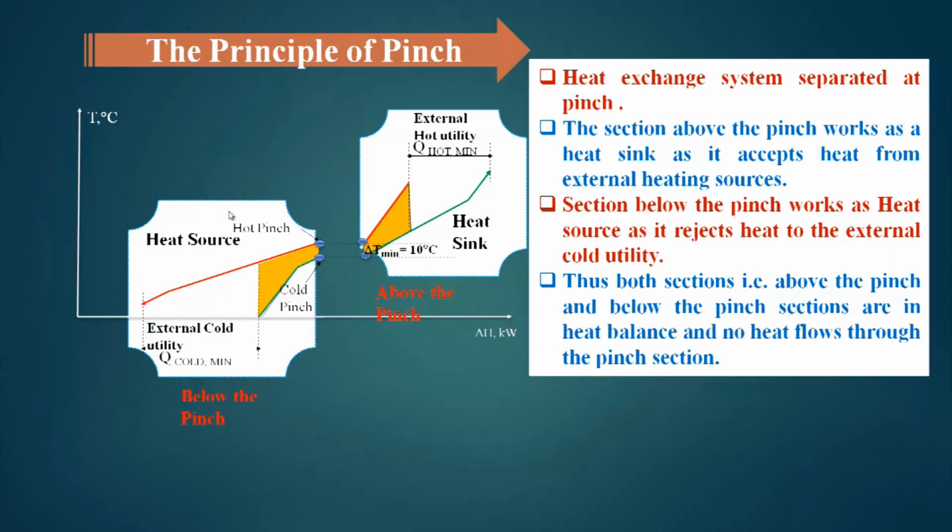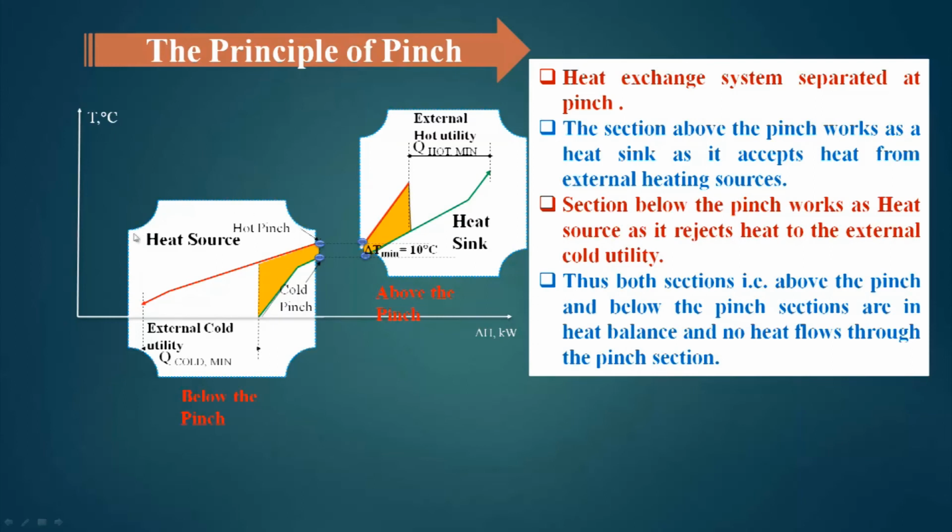That means, whatever heat is required for the cold stream to heat up from the pinch temperature up to this level is fully satisfied by the composite hot here and the external hot utility. Similarly, whatever heat is available with this composite hot is given to the composite cold as well as to the external cold utility.